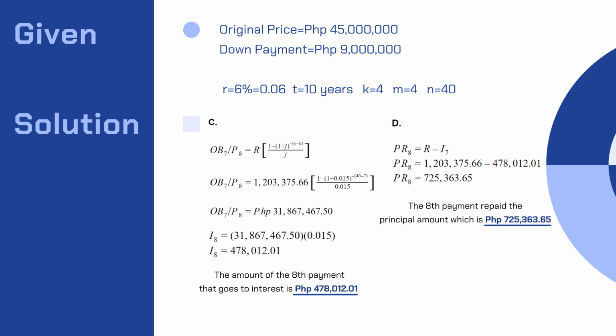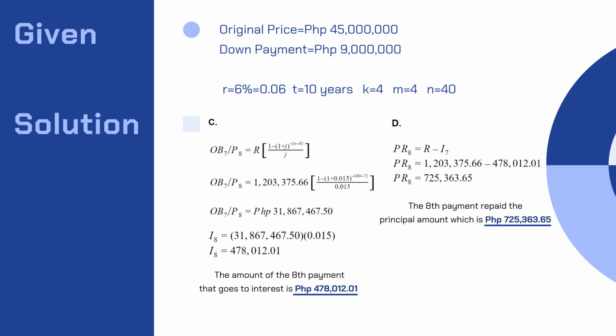Substitute the values, and the answer is 31,867,467 pesos and 50 centavos. We will use this and multiply it by J, which is 0.015, and the amount of the 7th payment that goes to the interest is 478,012 pesos and 1 centavo.